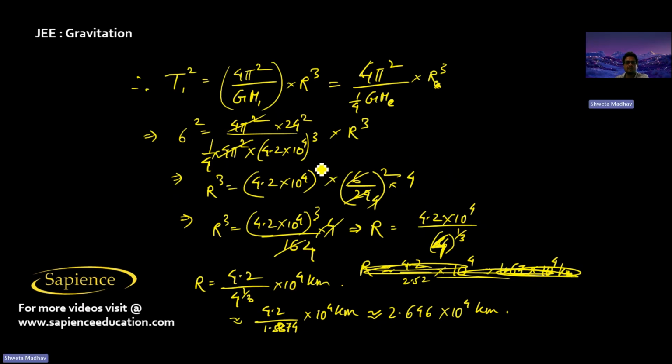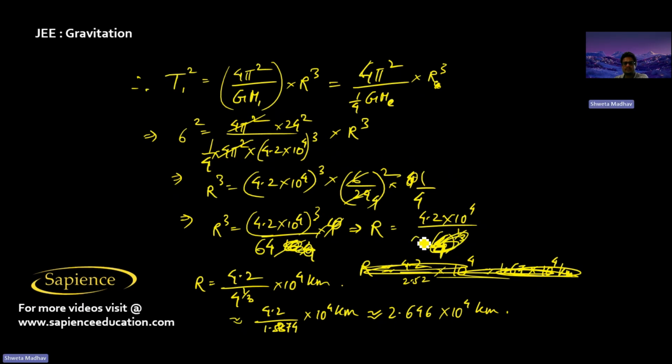And so R cube will be, sorry, 1 by 4 times of this. 1 by 4 will come, this will become 64.